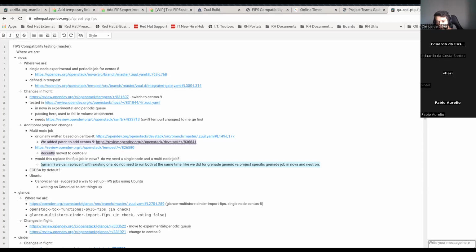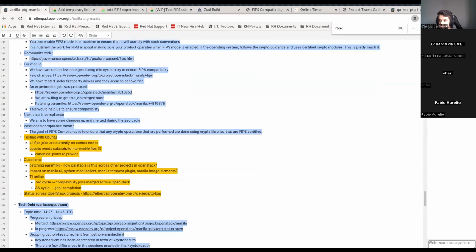Since then, however, I've been in contact with Canonical, and Canonical has agreed to provide the OpenStack Foundation with a subscription key that could be used specifically for FIPS testing and nothing else. And so Canonical is in the process right now of going through all of the bureaucratic things that need to happen in order to make that happen.